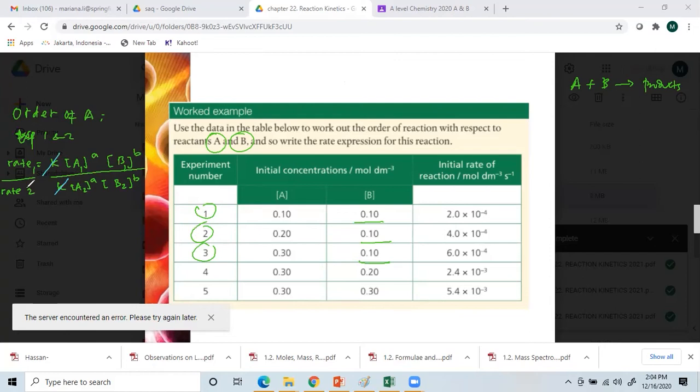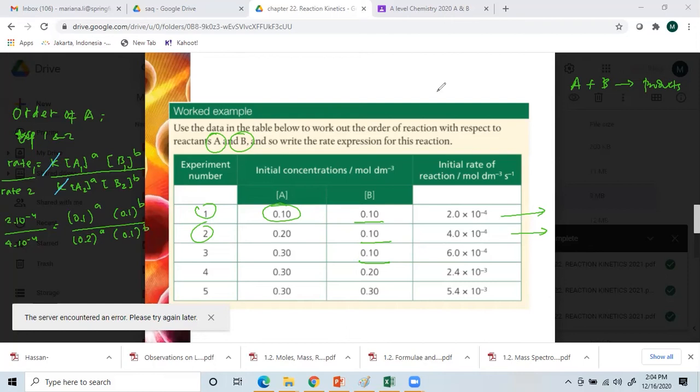Then we fill in these values. Look at experiment 1 here, and this. 2 times 10 to the power of -4 over 4 times 10 to the power of -4 equals concentration A in experiment 1, which is 0.1, to the power of a, times 0.1 to the power of b, over 0.2 to the power of a times 0.1 to the power of b.